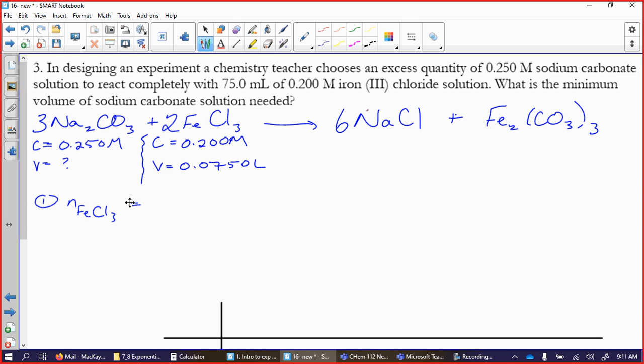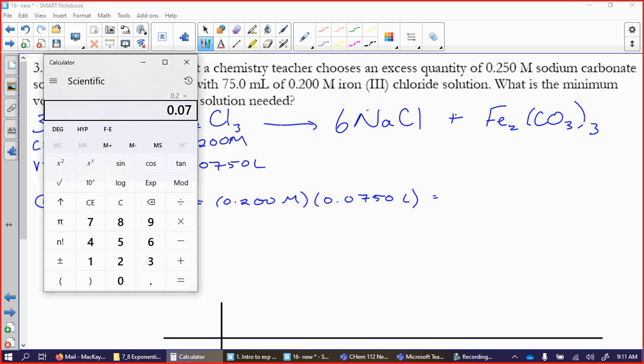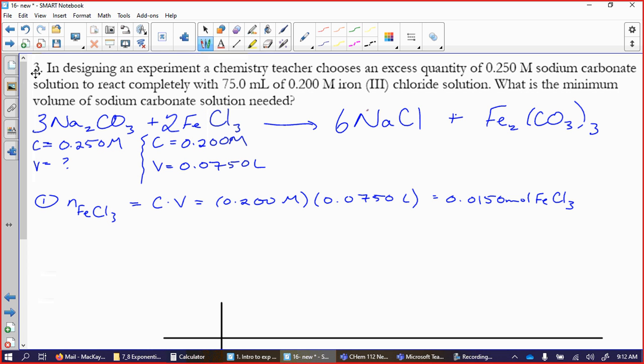Moles of iron chloride is concentration times volume, in liters. So I can do that. So 0.015 moles of iron chloride, sorry.